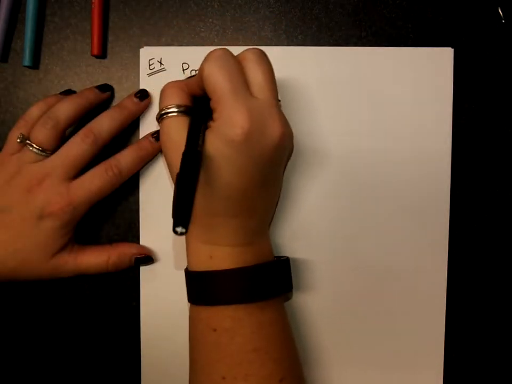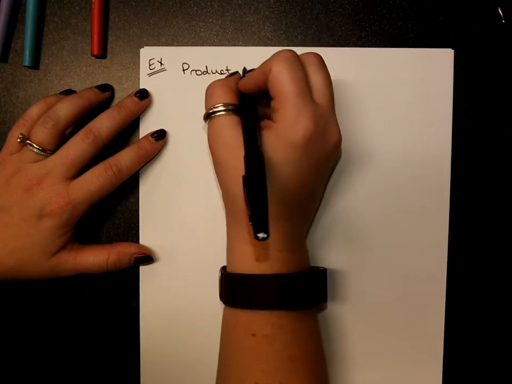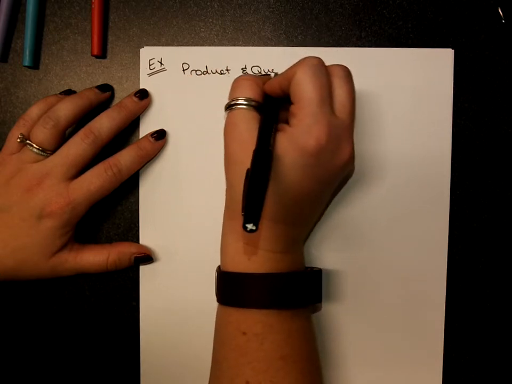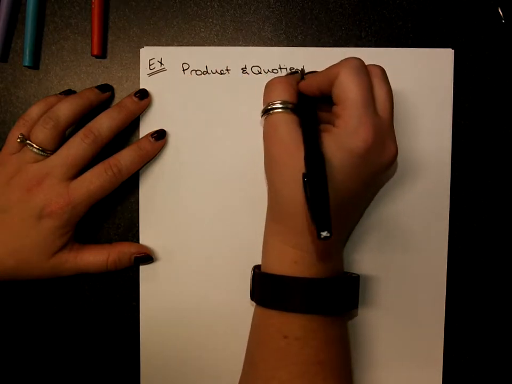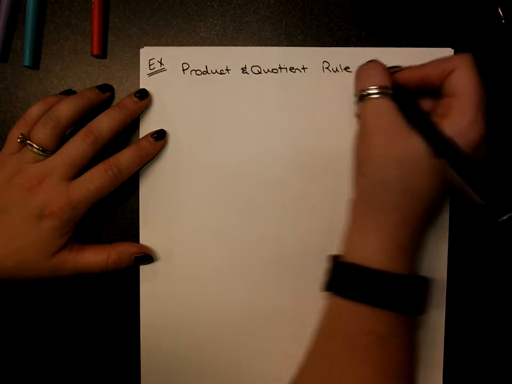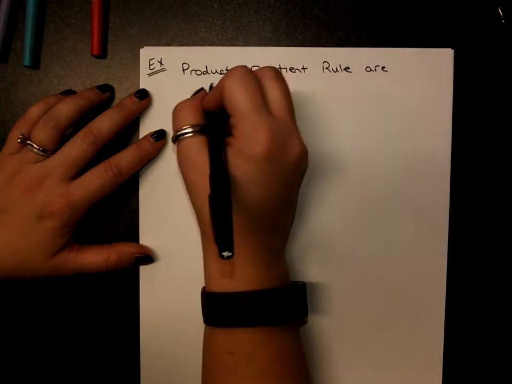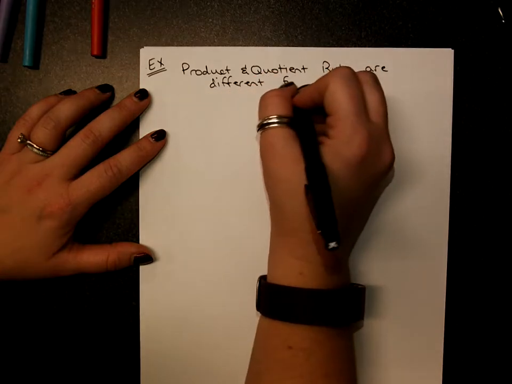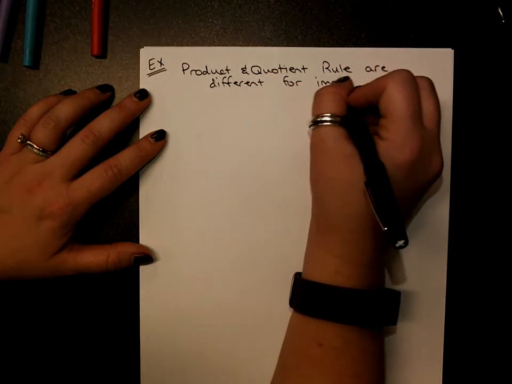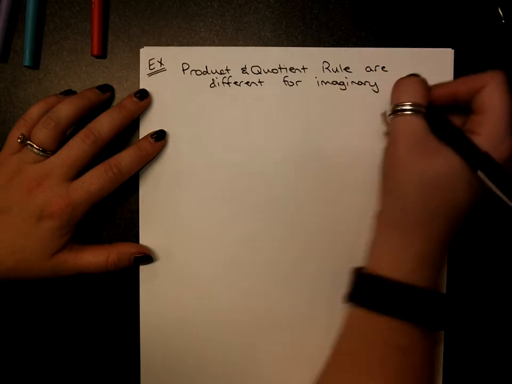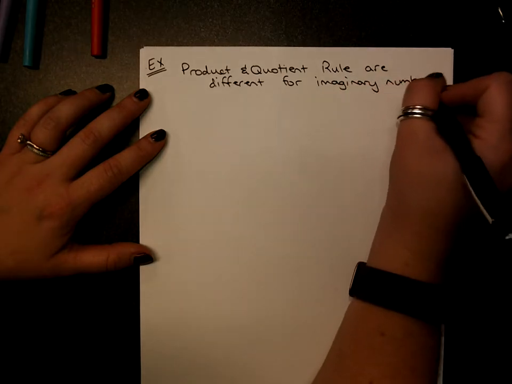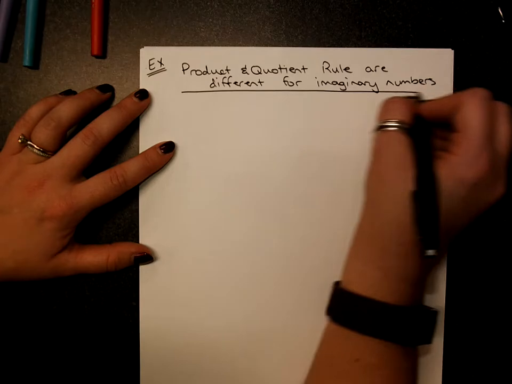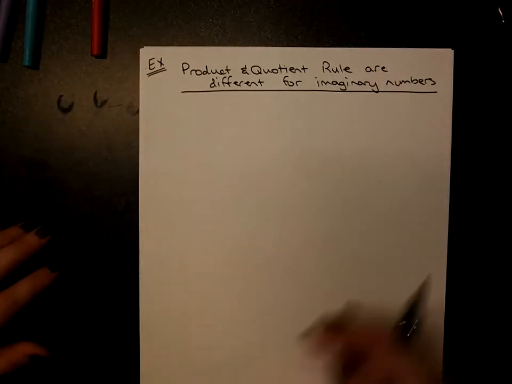The product and the quotient rule are different for imaginary numbers. The product and the quotient rule are different for imaginary numbers.